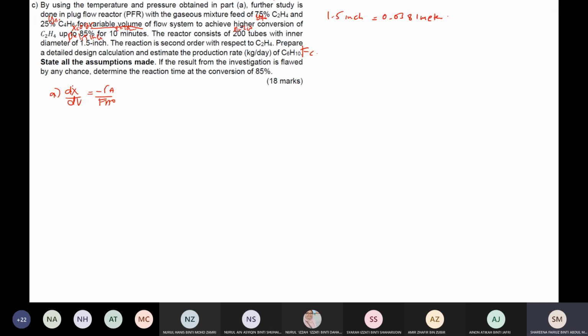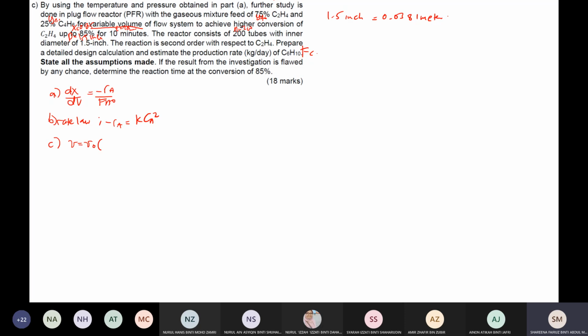Right. Okay, so second, start dengan rate law dia. Okay, so rate law, kalau dia stated dalam equation tu ikut pada equation. Kalau dia tak stated, dia ikut pada elementary. Okay, so negative RA is equal to k C_A kuasa 2. Alright, so stoichiometry pula. Okay, disebabkan this one, remember dia adalah variable volume.